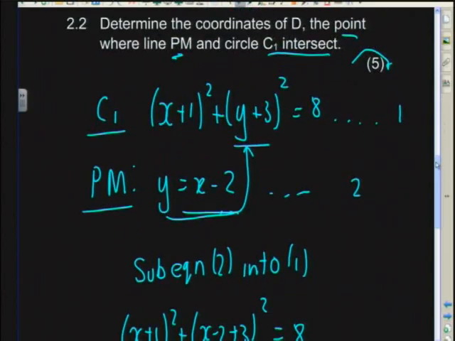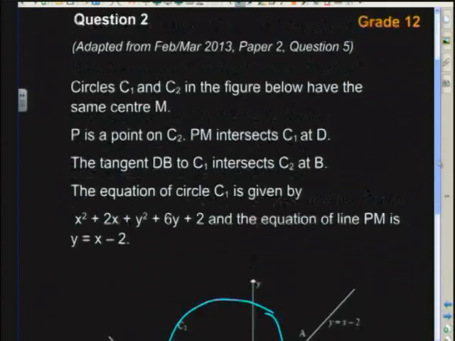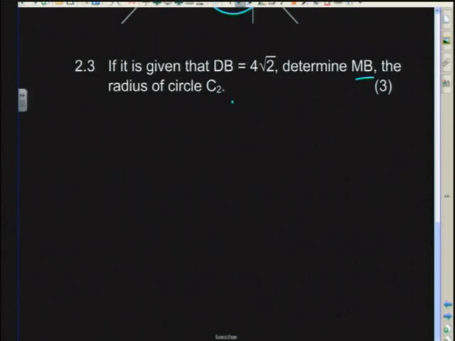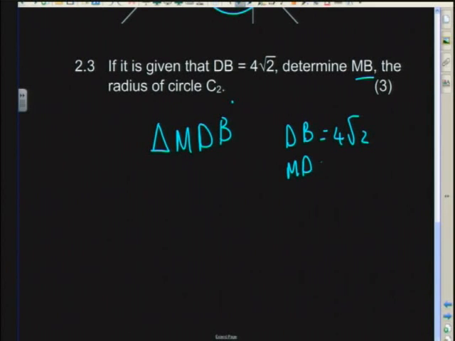Okay, so let's write all of that down. We're working in triangle MDB. We know that DB was 4 root 2, and we know that MD was the square root of 8.